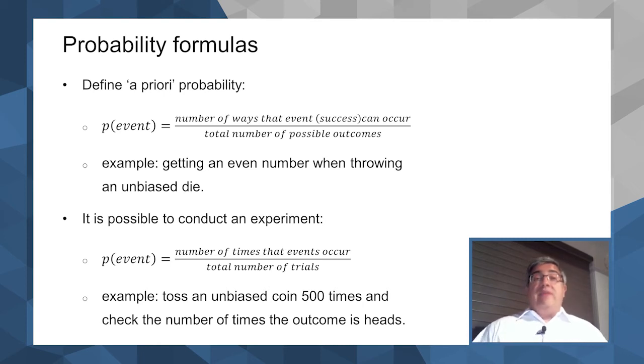So there's a 25% probability of taking a card that is a spade from a pack of cards. And that's straightforward. You know all the possible outcomes in that particular population, and you know what you define as success, which in my case I defined as a spade.